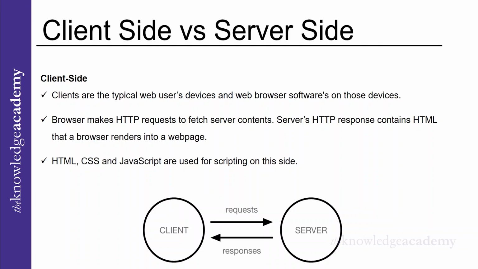And web browsers are the software on those devices. We can also call this the front end of the web. This is what users want to see. And this is the side that people in the backend work for and front end designs. Client side makes use of HTML, CSS, or JavaScript, and it can be a static as well as a dynamic website.